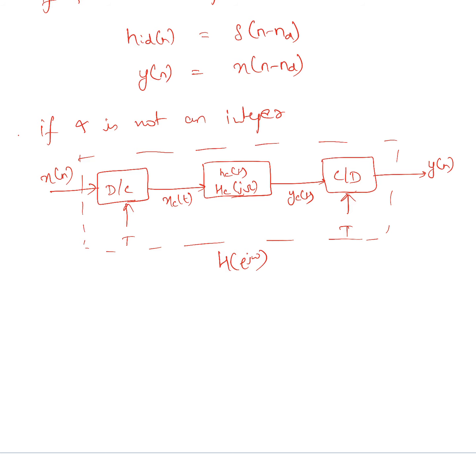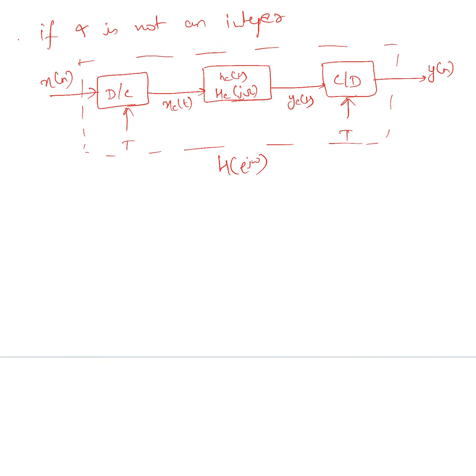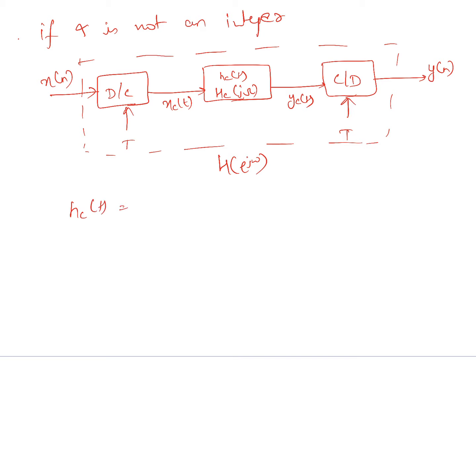So you can see, this example we had also considered in one of the previous lectures, where the shifting, or this alpha, was not an integer. So here this h_c is the impulse function δ(t − αT), where alpha, note that, is not an integer, and H_c(jω) can be written as e^{-jωαT}, so that you would have H(e^{jω}) equal to e^{-jωα} for |ω| < π.